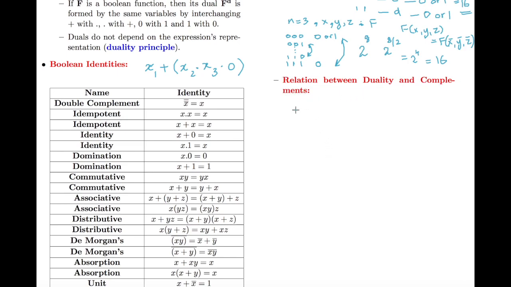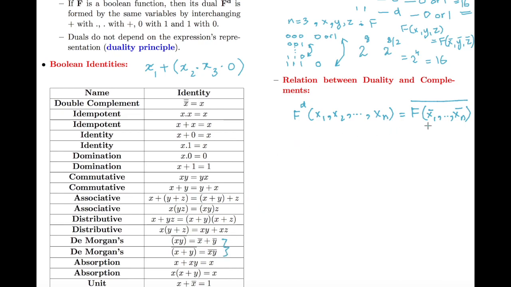In other words, what we want to show is that the dual of f of x1, x2, up to xn is equal to the complement of f of x1 bar up to xn bar. So this is what we want to show. For this we have to make use of these two.